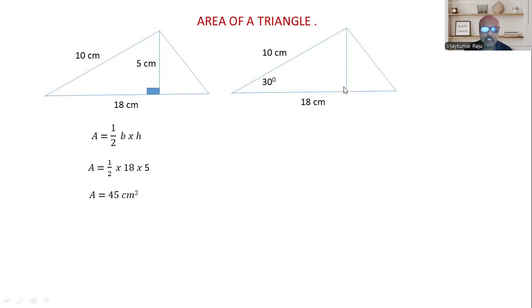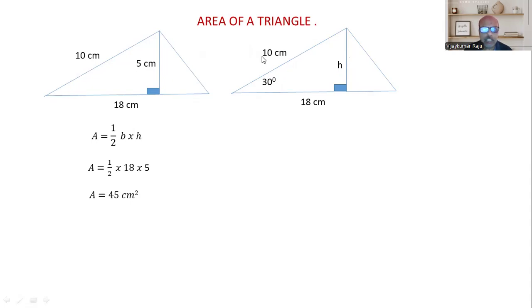This is the height. When you say height, this should be perpendicular, so this is at 90 degrees here. And let this height be h. So now we need to find the height of this triangle. The angle is given, 30 degrees. With respect to this angle, this is the opposite side and this will be the hypotenuse.